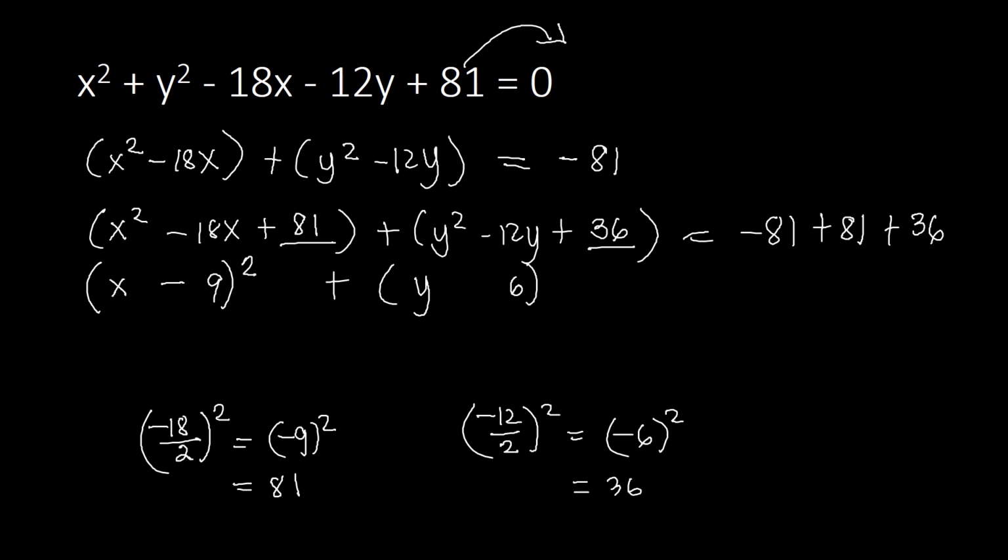And then we follow the sign on the middle term, which is minus. And then we square that one. And that's equal to negative 81 plus 81, that's 0, plus 36, that will be 36. So naming or identifying the center here is with 9, 6. And the radius here is the square root of 36, that will be 6.